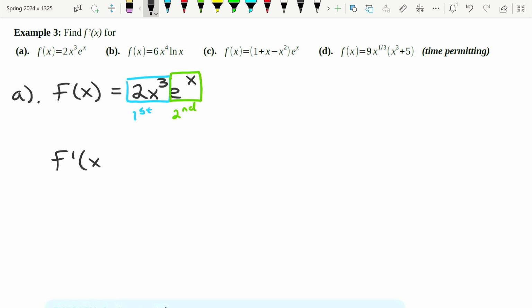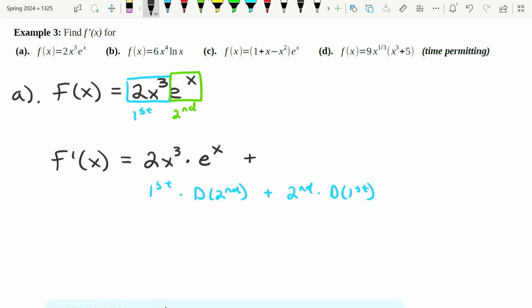So when we do f prime of x, we start with first, 2x to the third, times the derivative of the second. So the derivative of the second is the derivative of e to the x, which is e to the x, plus the second, which is e to the x, times the derivative of the first, which would be 6x squared.